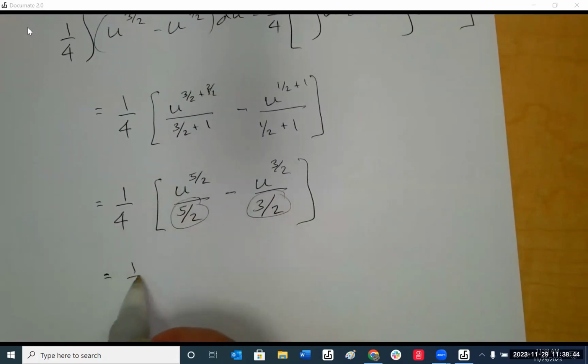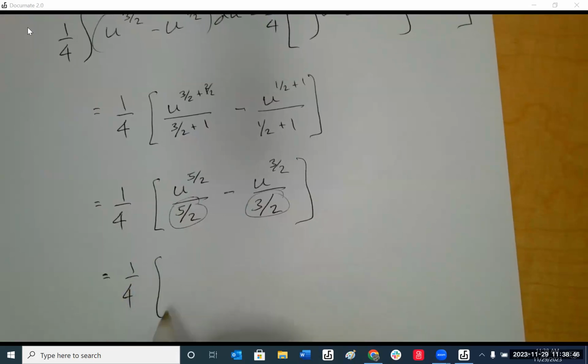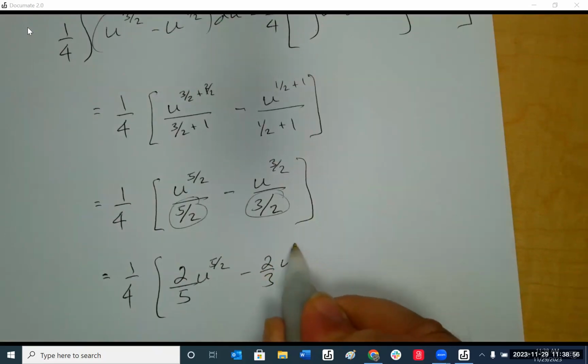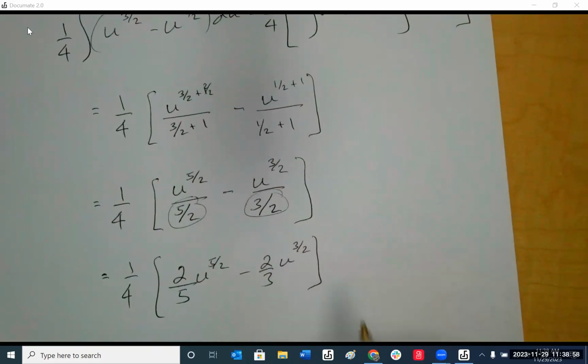Reciprocate those and they go out in front, so it's 2 over 5 u to the 5 over 2, 2 over 3 u to the 3 over 2.